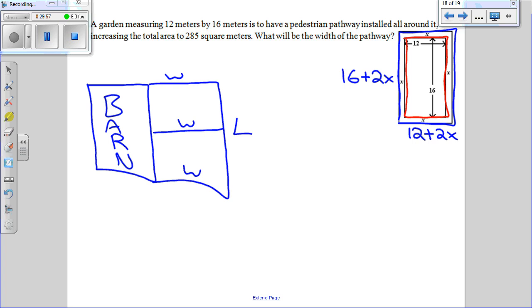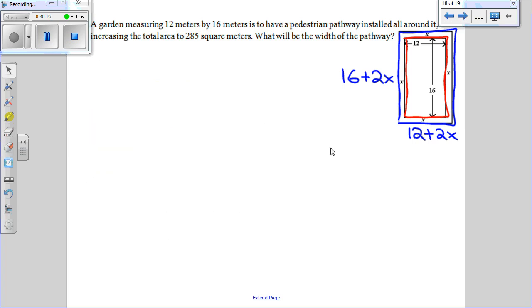So one like this, same idea. You need to be able to look at a picture and understand what dimensions you're working with. Understand that this new box is 12 plus 2x. This new box is 16 plus 2x. If you read the question, they told you the area of the new place was 285.